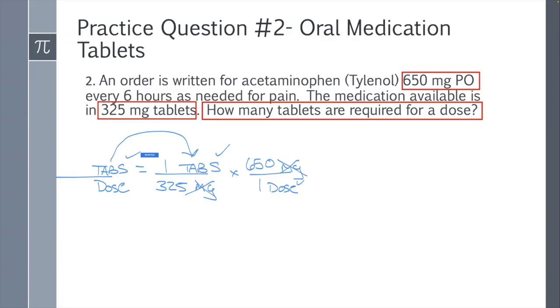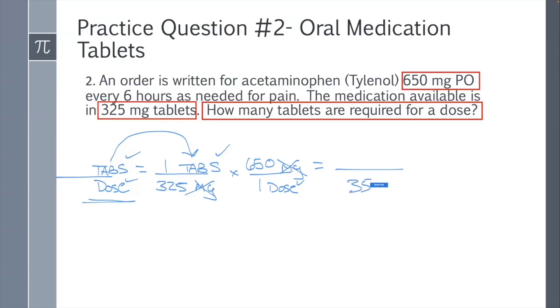Now I end up with tabs on the top, dose on the bottom. Always check back with your destination after each step. Sometimes you'll arrive at your destination before you expect to. Sometimes you'll try to convert kilograms into pounds for no reason at all. It won't be necessary. All because we kept working when we should have stopped a long time ago. Okay. So tablets per dose is what I got. Now I'm ready to solve.